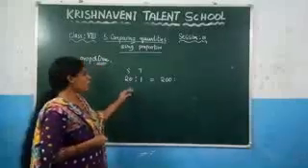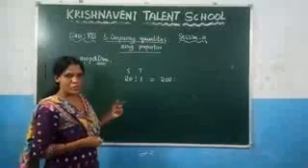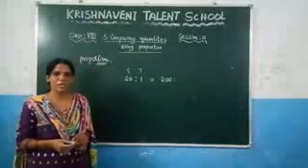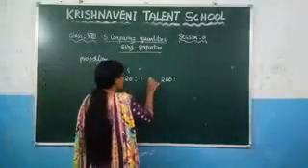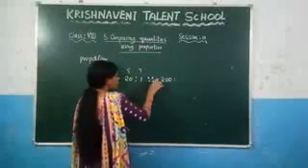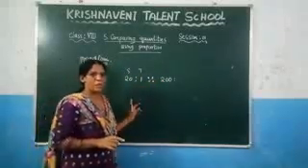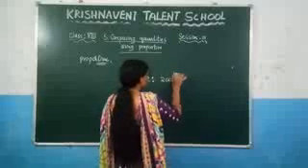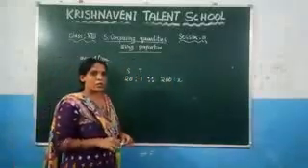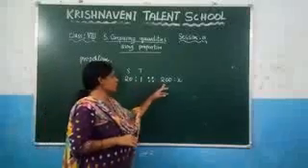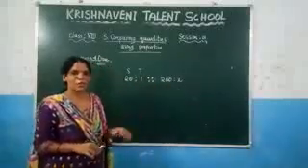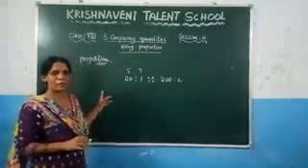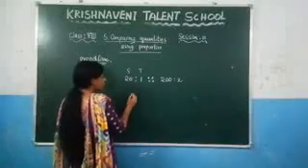Such type is 200 is to x. From that you can find the number of teachers required for 200 students. This is the example for the proportion.